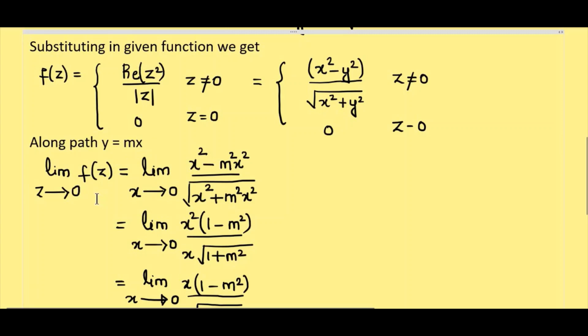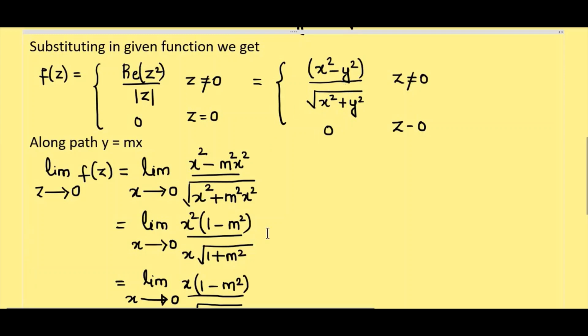Now I am going to substitute in the definition of the continuity. So limit z tends to 0, f of z equal to limit, as z tends to 0, x also tends to 0 and y also tends to 0. I have written f of z in this equation, and then I have taken y equal to mx and substituted in this equation.